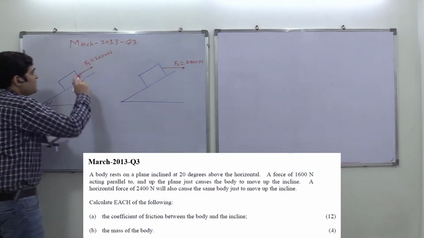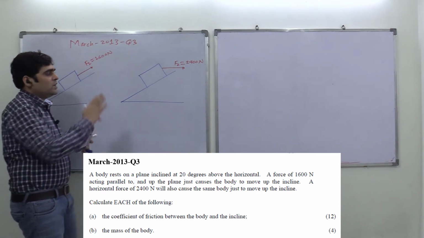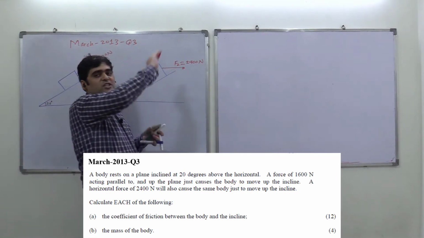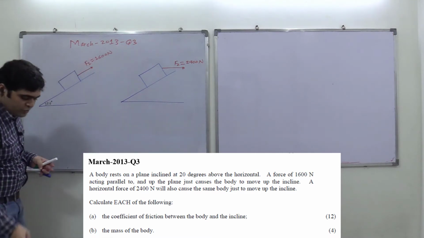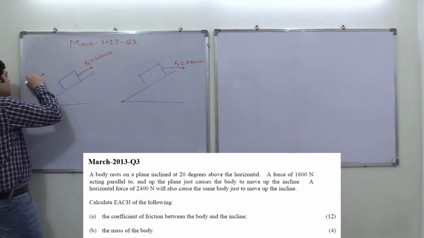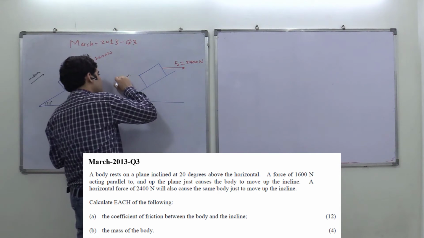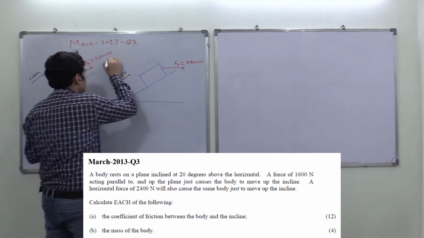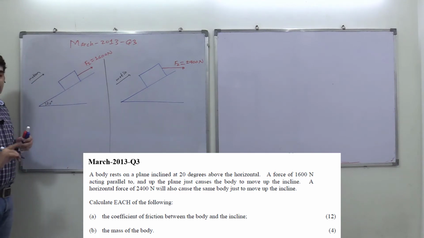Here 1600 Newton moves the body up the plane, and here 2400 Newton also moves the body up the plane. So in both scenarios, the motion is up the plane.